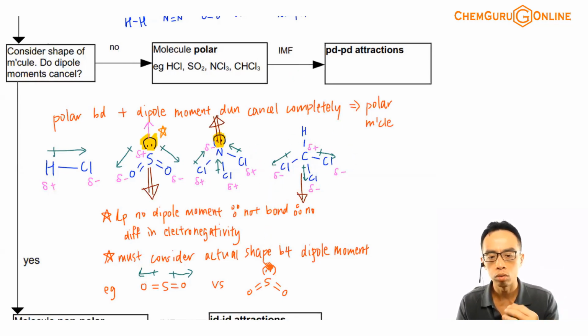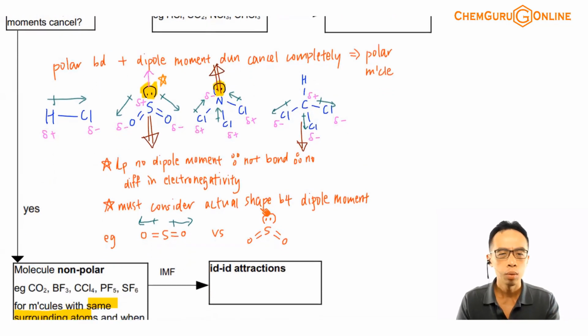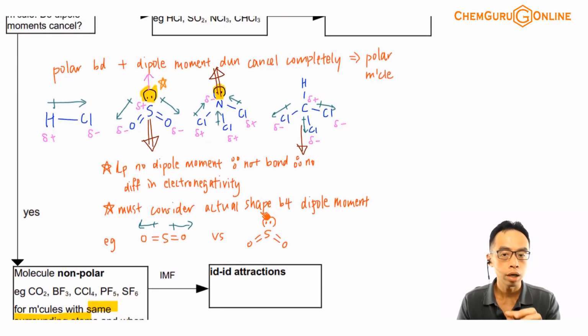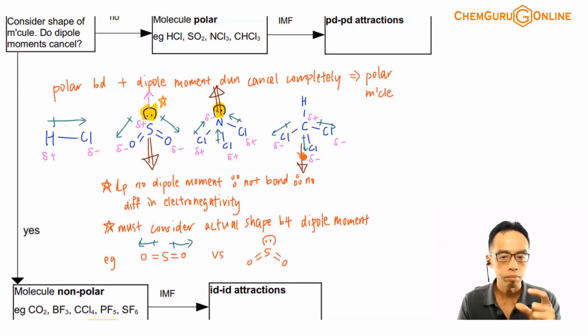You notice what we can only do is make a rough estimate whether it cancels out or not. We cannot actually calculate or prove the magnitude of this dipole moment. It's very difficult for us to do because all these are three-dimensional. This is tetrahedral, this is trigonal pyramidal. It's very difficult for me to draw out and calculate the net dipole moment.